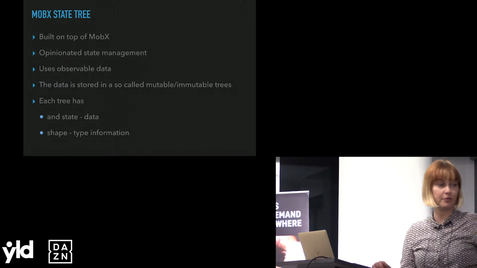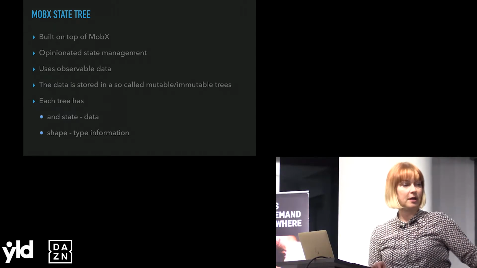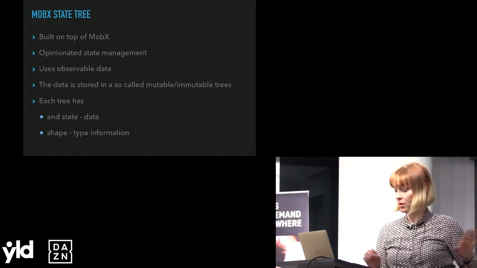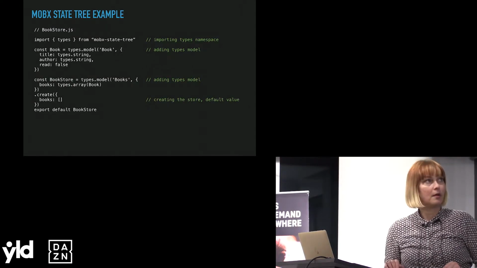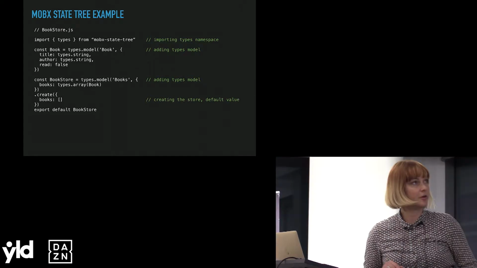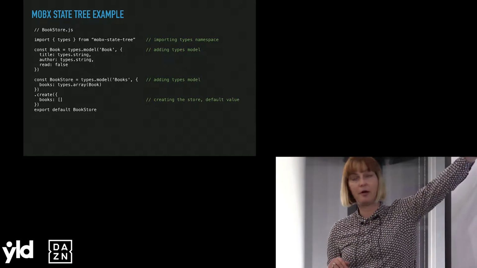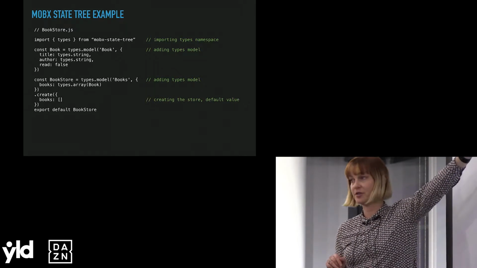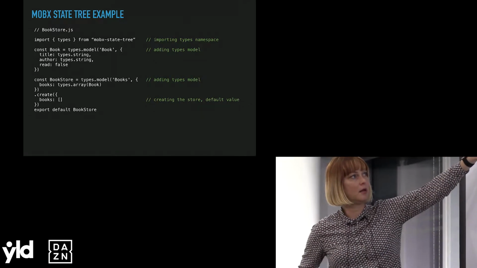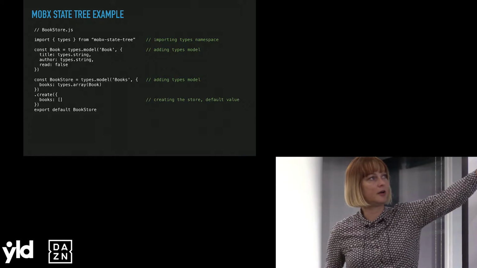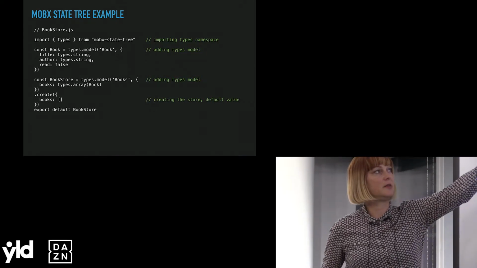It is also very interesting that we have type information. Example. First of all, we import the types namespace from the Mobx State Tree dependency, and then we create a variable that adds the types model.